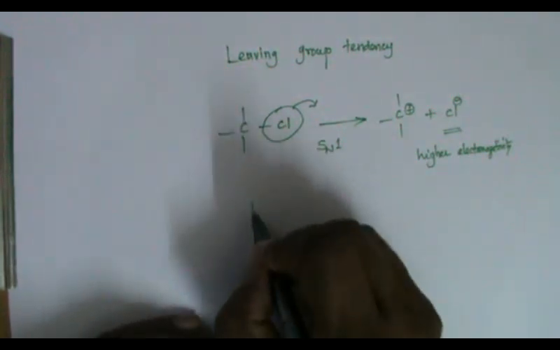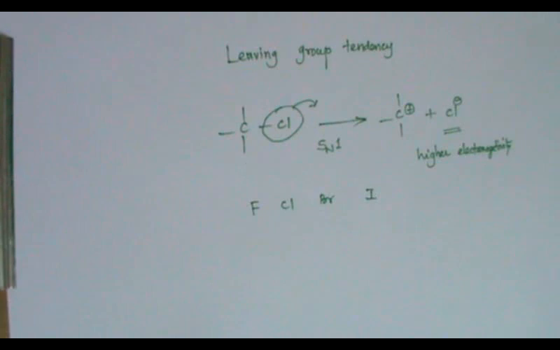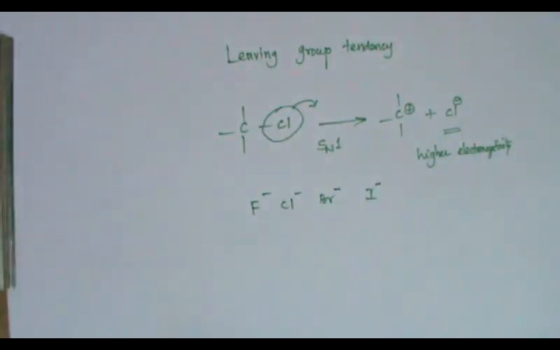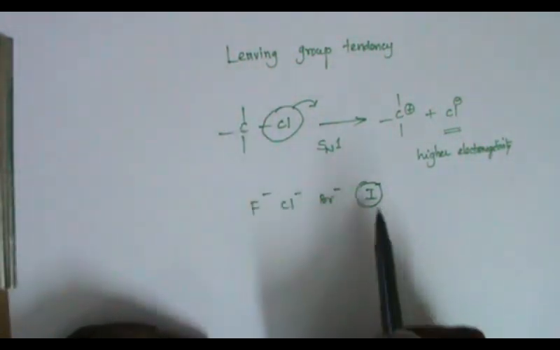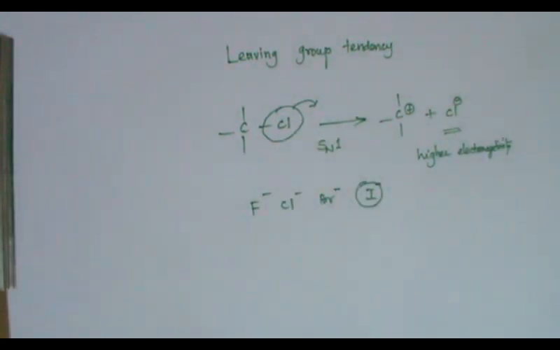Further, if you compare fluorine, chlorine, bromine and iodine, iodine has more leaving group tendency compared to fluorine. The reason is, since it is very big in size, the force of attraction between carbon and the iodine nucleus will be less, so it tries to get separated easily.